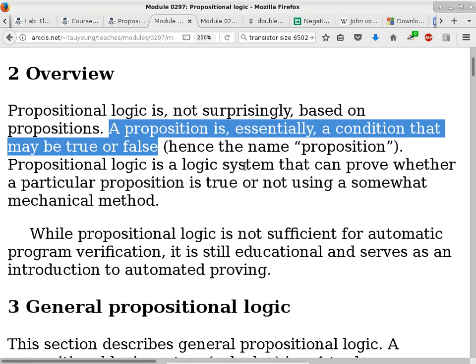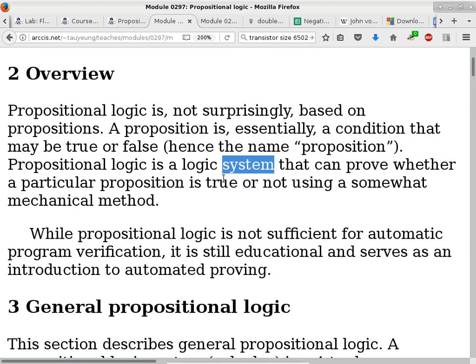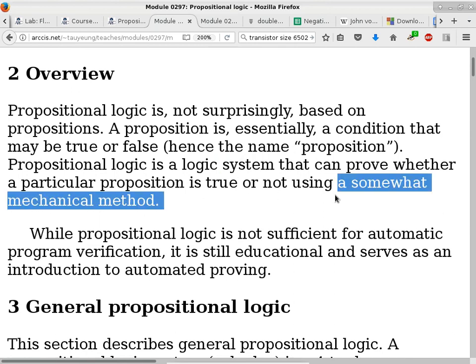It is a system that can prove whether a particular proposition is either true or false using a somewhat mechanical method. So this part is what relates to computer science.